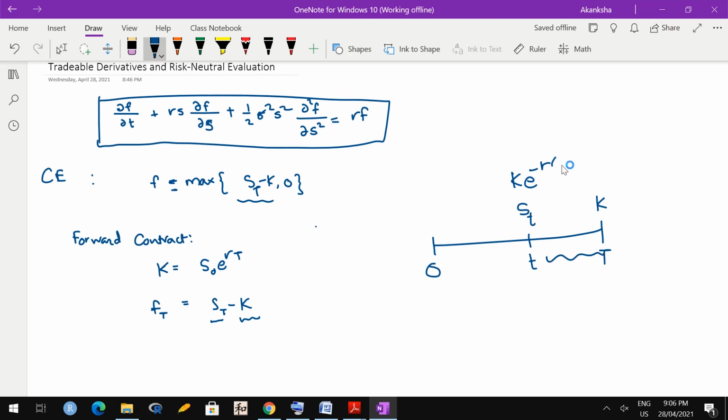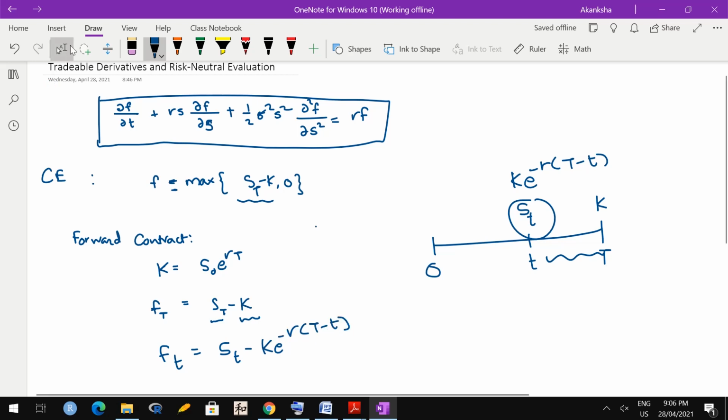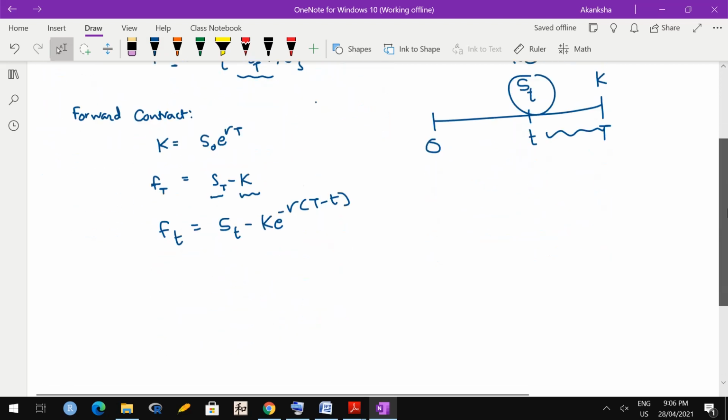This much time gap means T minus t, correct? So payoff of K is equivalent to that, and the asset worth is equivalent to this. Okay, so at an in-between time point, f_t becomes S_t minus K e raised to minus r(T minus t), correct? So this becomes the worth or price of a forward contract.